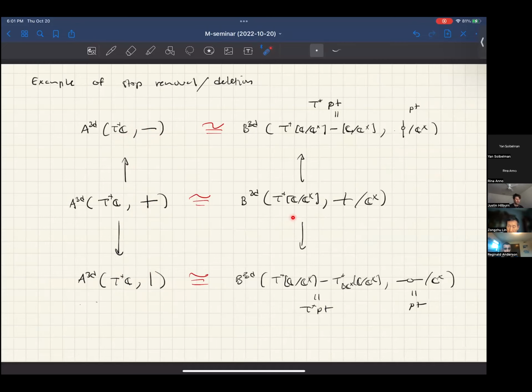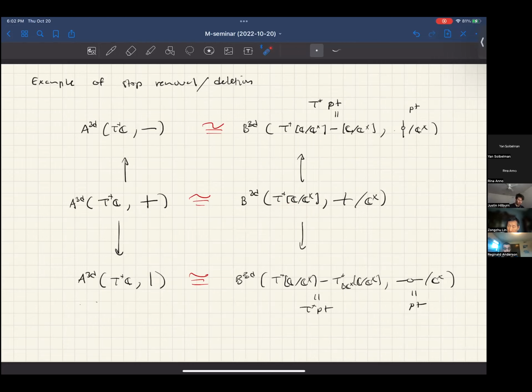And similarly, this thing is also not showing up in my mirror symmetry statement because this is a stack. This isn't actually a variety. And so what one needs to do here is remove components of this space in order to do the GIT quotient.